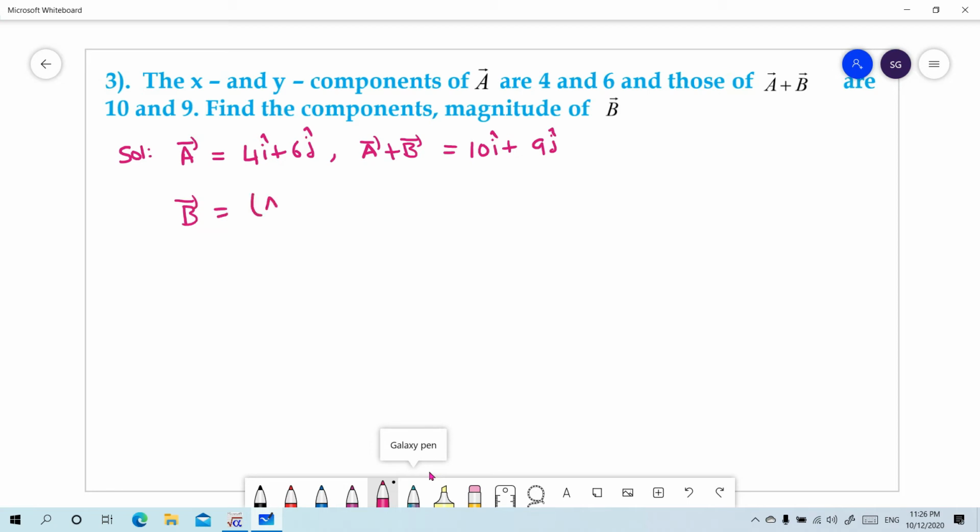B bar can be written as a bar plus b bar minus a bar. A bar plus b bar means 10i cap plus 9j cap, minus a bar means minus of 4i cap plus 6j cap.